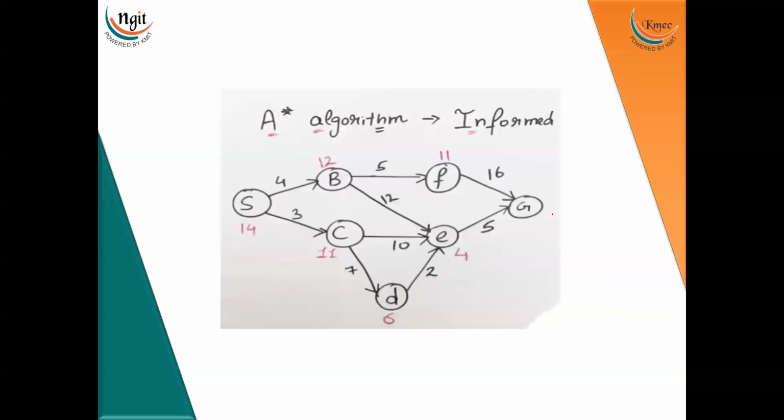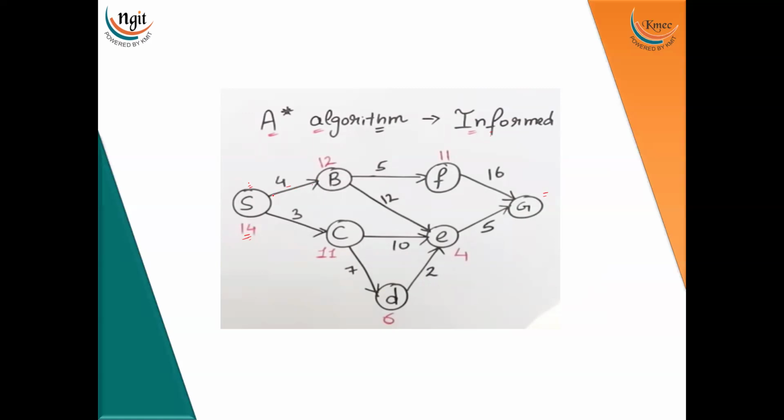Let us understand more with the help of this example. This is the given graph for the A-star algorithm, which is informed. This is the start state and this is the goal state. Remember, these are the path costs, and the values in red color represent the heuristic values. Let us start from the start node.